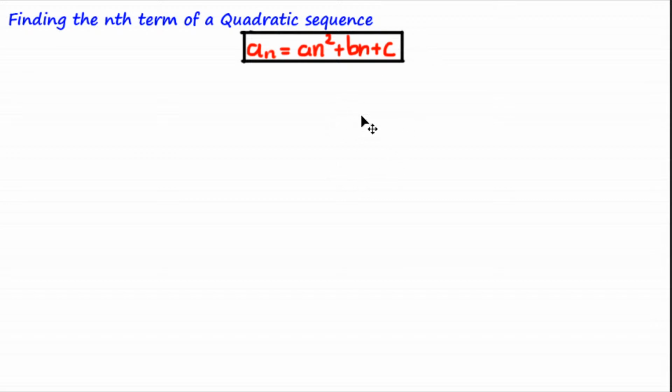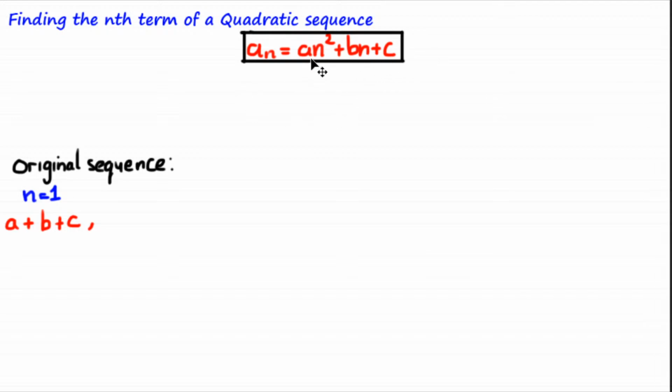Assuming that this is indeed the correct formula for a quadratic sequence, that means we can write out the terms of a quadratic sequence algebraically. For example, if we plug n equals 1 into this formula, we get a plus b plus c. 1 squared is just 1, and 1 times b is just b.